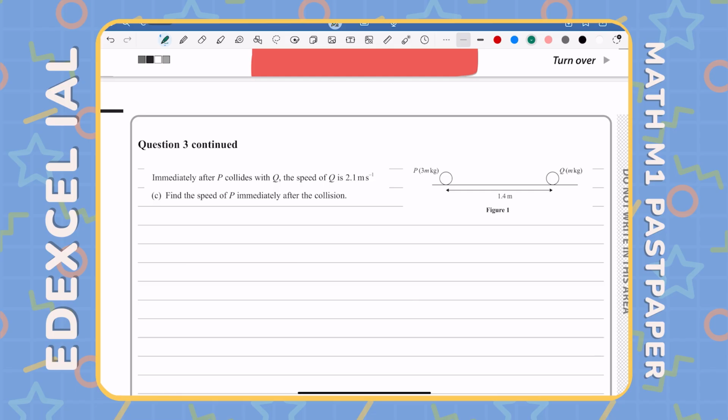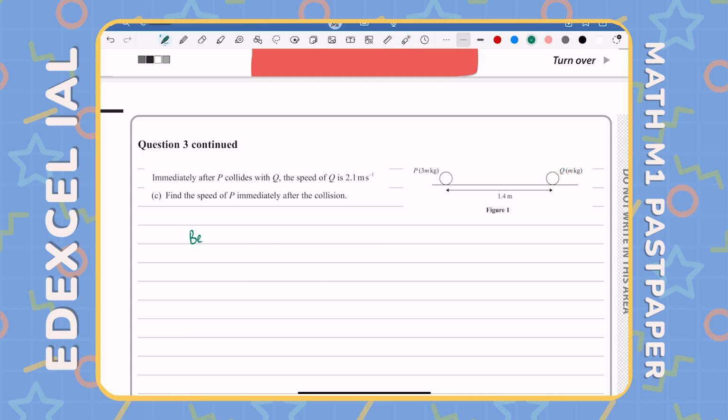It's possible that it starts moving in the opposite direction. It's possible that once they collide, P and Q both head in this direction. Obviously Q is going to move towards the right, there's no doubt about that. It's practically not possible for an object to hit it in this direction and get this object moving in this direction. But P could potentially hit it in this direction and then start moving in this direction. Q will obviously move towards the right only. So keep that in mind.